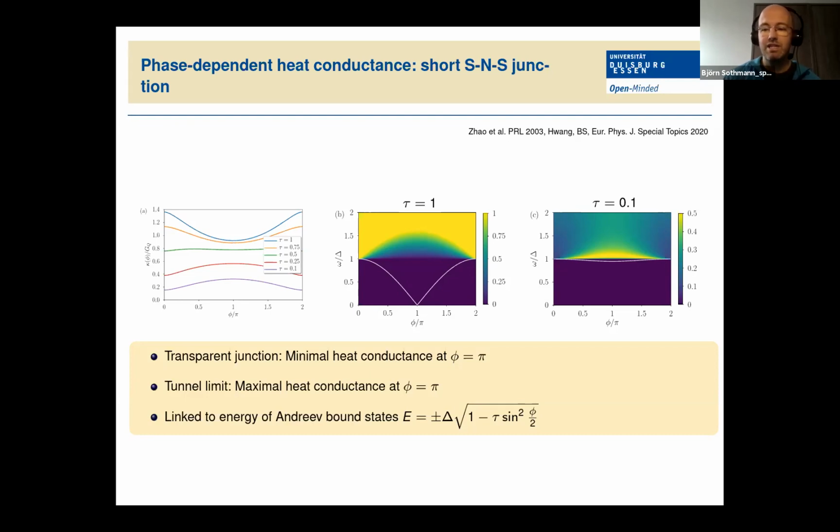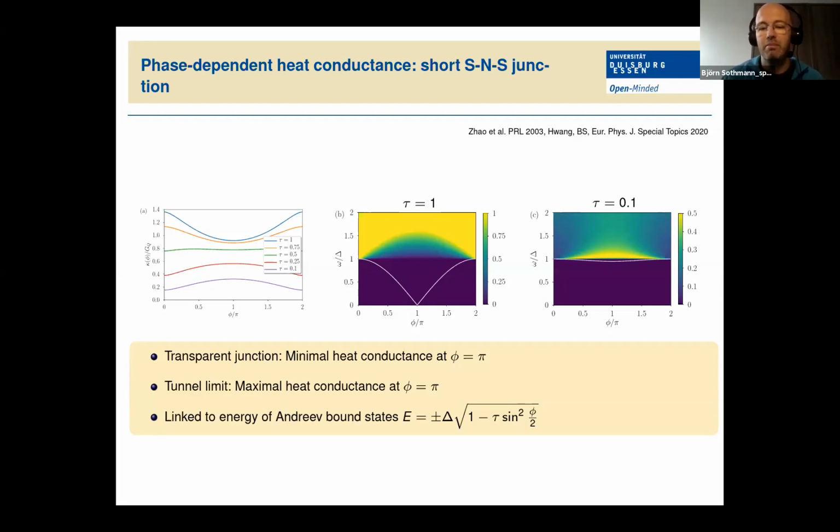The situation is different when we are in the tunneling limit, where we see the transmission here on the right. In this case, the Andreev bound state always stays very close to the gap edge. And so at phase difference pi, it's just a tiny bit below the gap. In consequence, there is a sort of quasi-resonance above the superconducting gap.